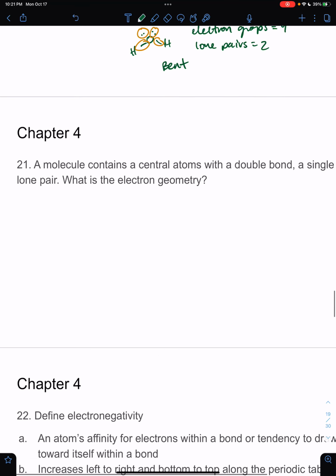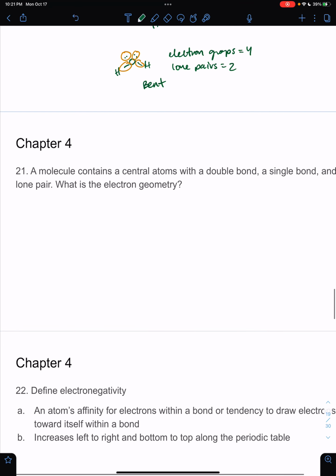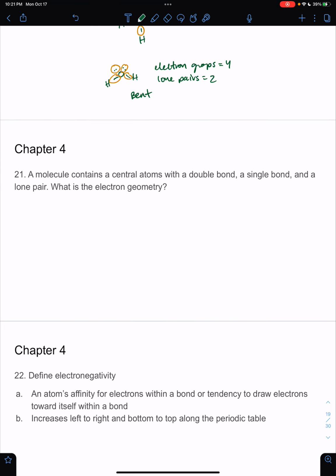Alright. So number 21, a molecule contains a central atom. I think this one said determine the molecular geometry based on the number of bonds. Let me look at it again. Okay, so this one, I don't think she'll give you a picture or a molecular formula.